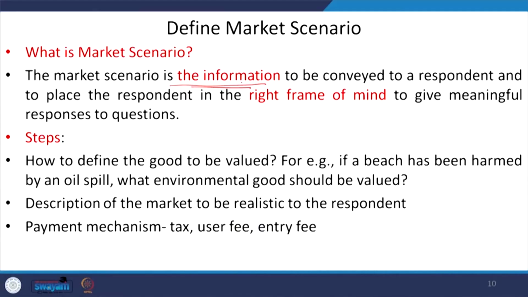And then we need to talk about the payment mechanisms, that is, how these respondents are going to pay if they are willing to pay or willing to preserve the values or the environmental characteristics in question. So, the payment mode can be in terms of tax, that if you have to use the sea beach and enjoy all the attributes of the sea beach, then this much tax is to be imposed.